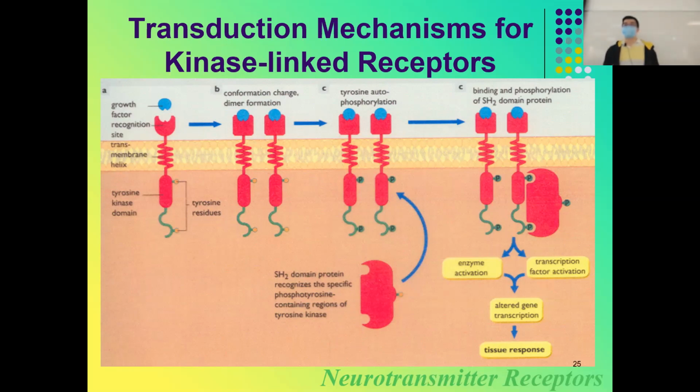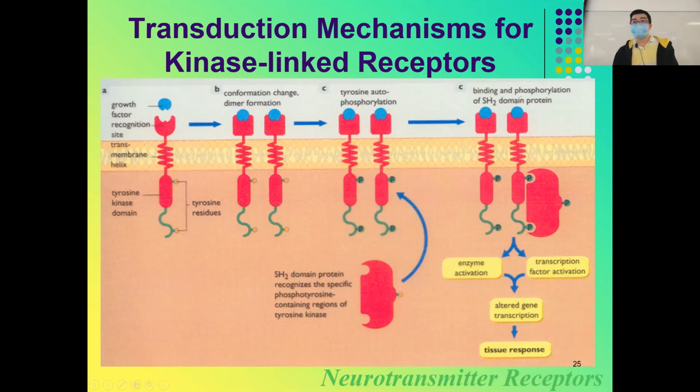Why will phosphorylation change the characteristic of the protein? Yes, it changes the charge of the protein, because tyrosine is hydrophobic. If you add a phosphate group on top of it, then you get a charge, and that will change its binding character.